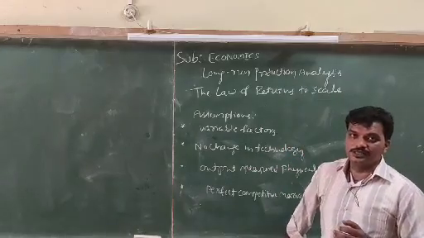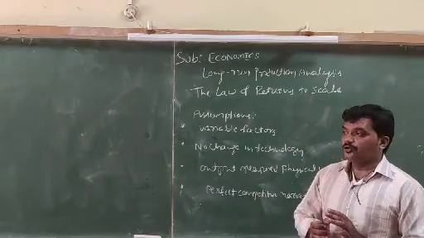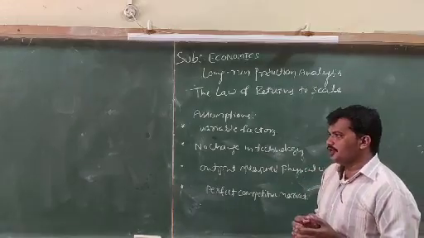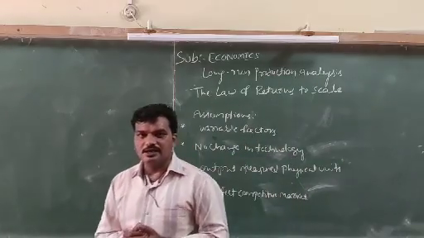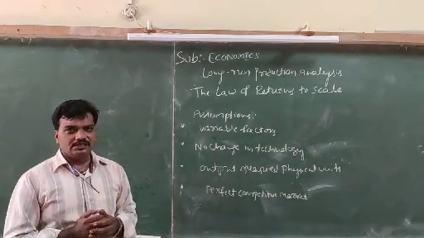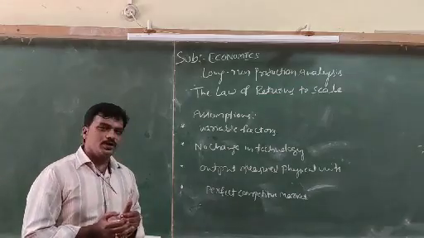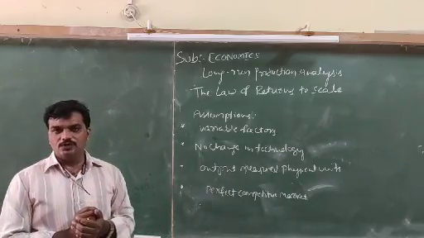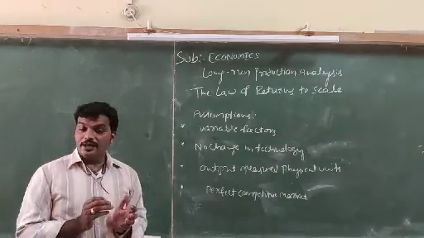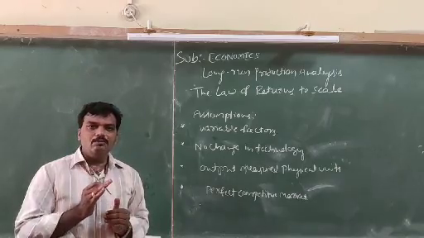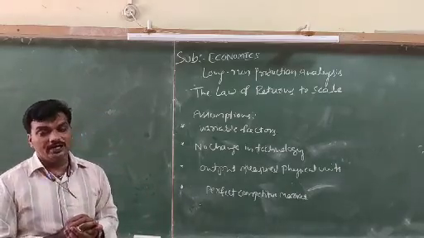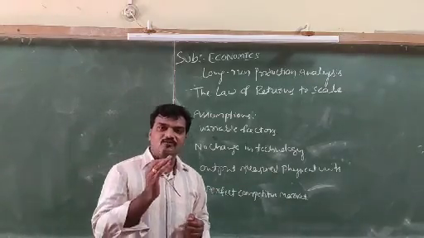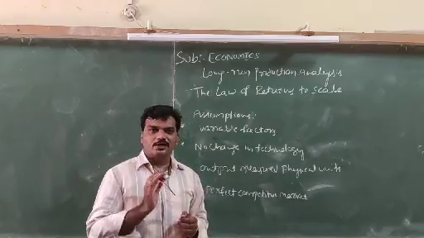It means a market structure in which there is a large number of buyers and sellers engaged in buying and selling of commodities. There is only a single price ruling in the market, and also there is free mobility of factors. Free mobility is another important point in a perfect competitive market, that is, free mobility of factors of production.